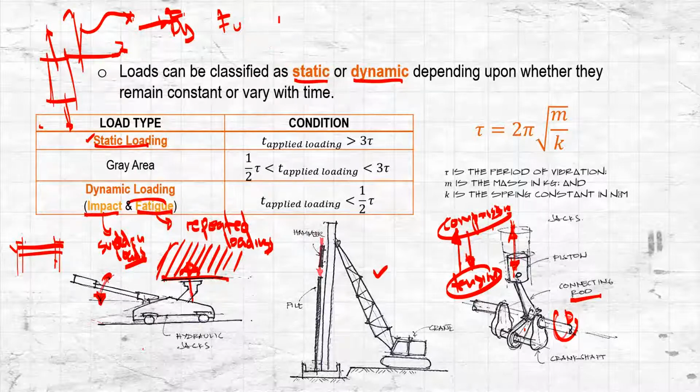So for example, for steel, if we have a 250 megapascal yield strength, for fatigue loadings probably it would be maybe 60%, or maybe 150 megapascals.